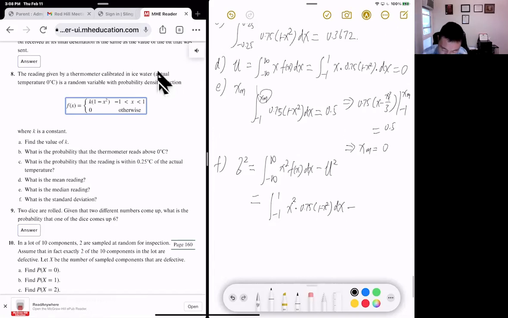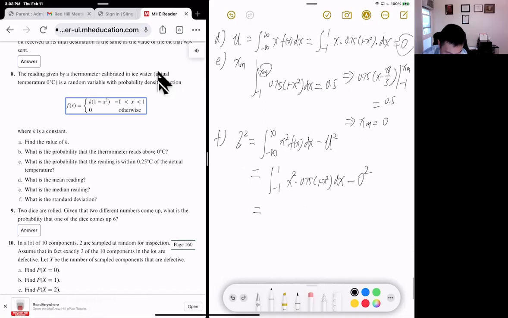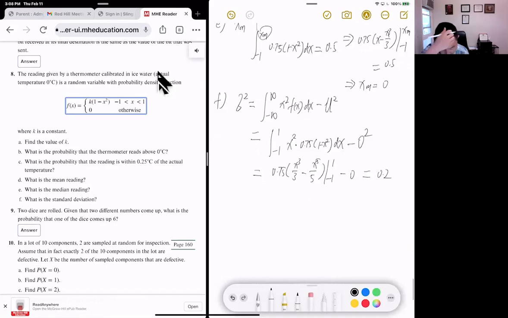Mu is 0 here. So the variance turned out to be 0.2. But the question asks for standard deviation sigma, so sigma will be the square root of 0.2.